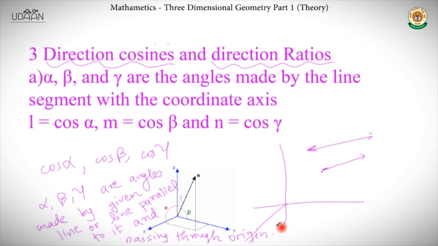So alpha, beta, gamma are the three angles which the line, or the line parallel to the given line passing through the origin, makes with the x-axis, y-axis and z-axis respectively. So l equal to cos alpha, m equal to cos beta and n equal to cos gamma are known as direction cosines of a line.